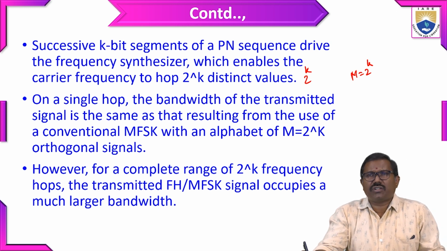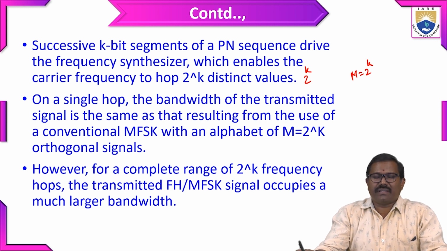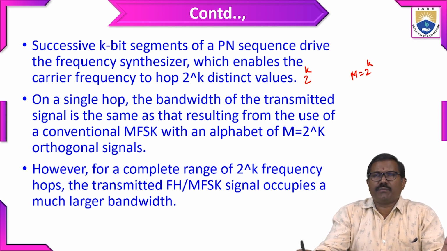However, over a complete range of 2 to the power k frequency hops, the transmitted FH MFSK signal occupies a much larger bandwidth. So that is our aim, and our aim is fulfilled. Why? My aim is to broaden the signal. That is spread spectrum: the narrowband signal is going to widen. How do we widen it?